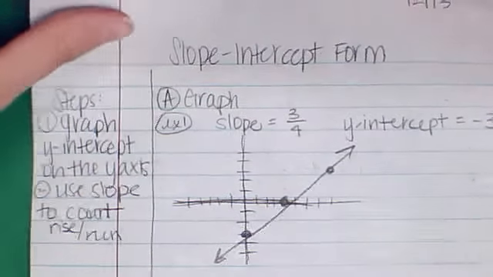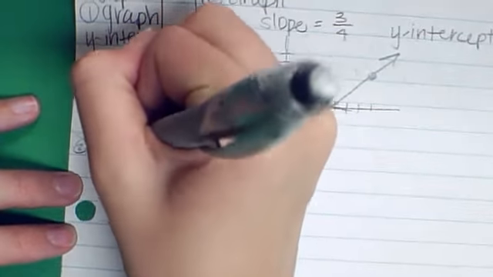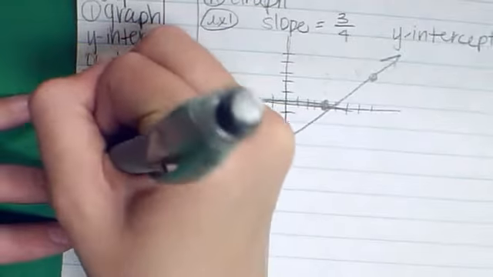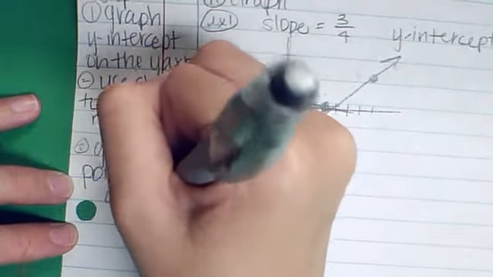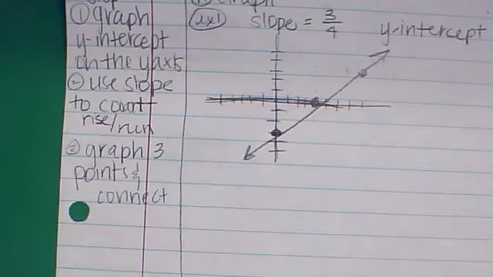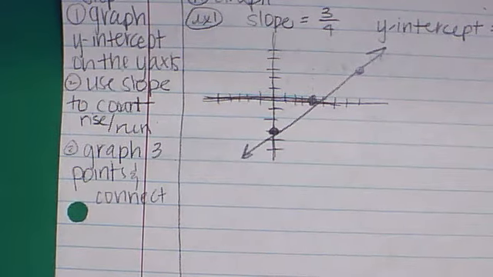Use the slope to count the rise over the run. Step 3 is to graph 3 points and connect. Now, I could always do more points or less points, but 3 is a good number to get a pretty good graph, and for my class right now, that's what I want you to do.